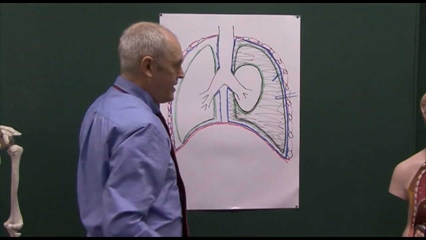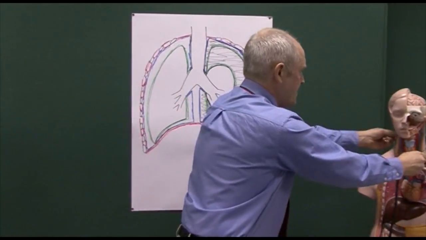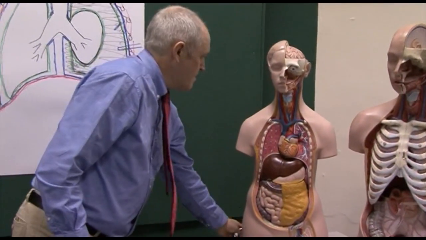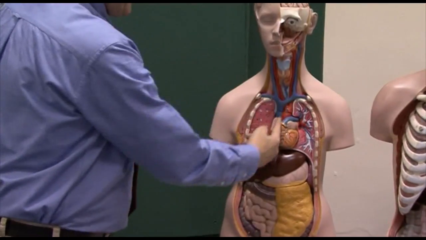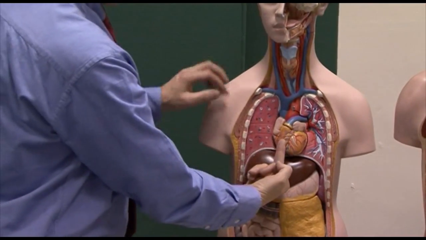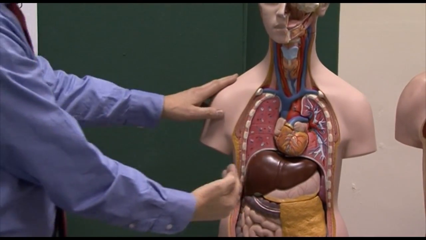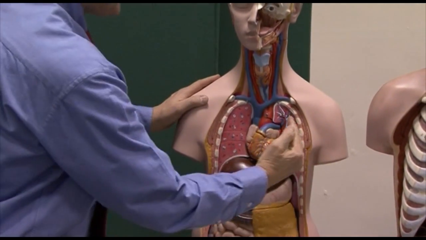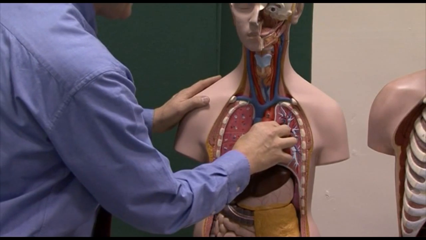And of course, what we've got here is the major blood vessels going up and down here, and the inferior vena cava from below. So if this starts getting pushed across under pressure, then what we'll start doing is pushing the heart across.